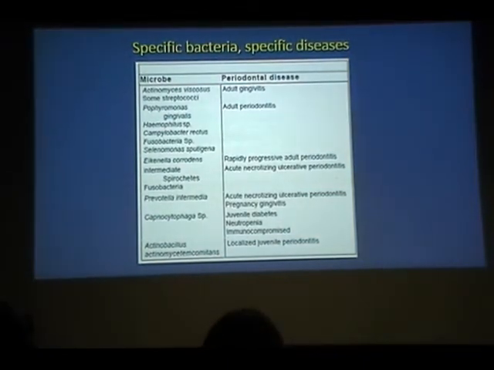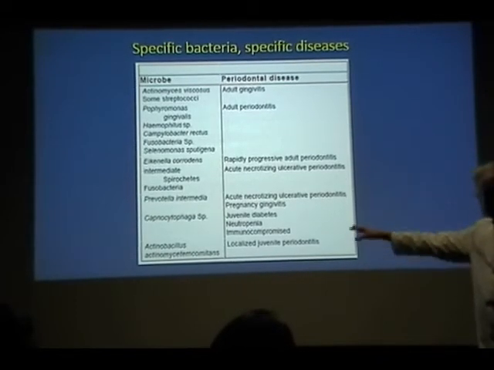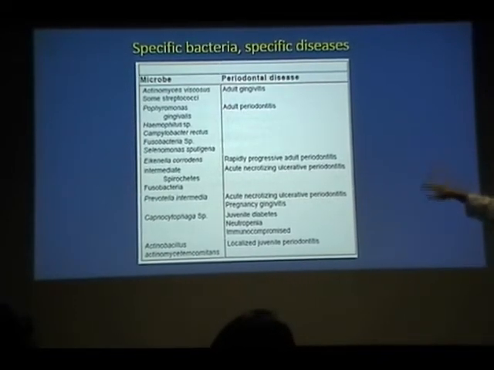And so, this is a table that indicates to you on the left names of microbes, on the right periodontal diseases. This is an old table. Some of the purist periodontists from the academy will say this is no longer valid, meaning in terms of up-to-date naming.